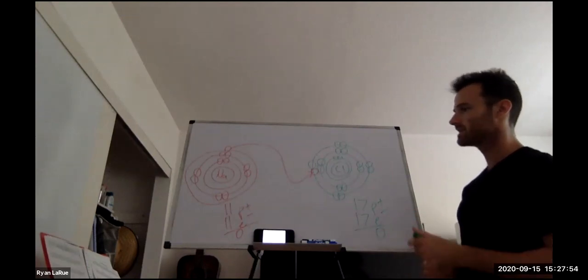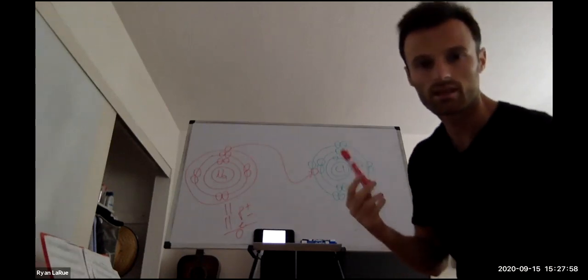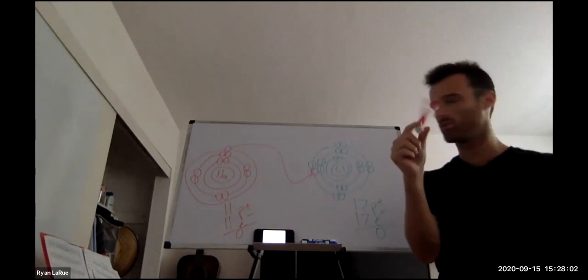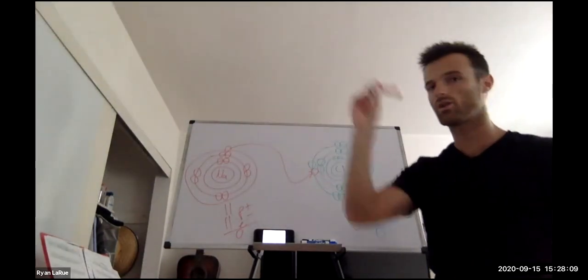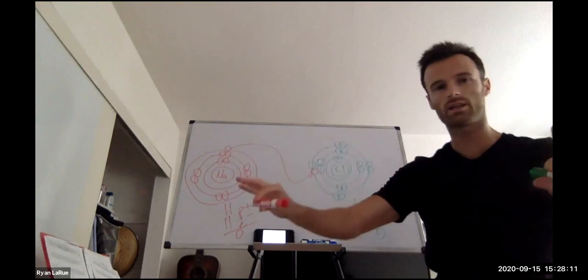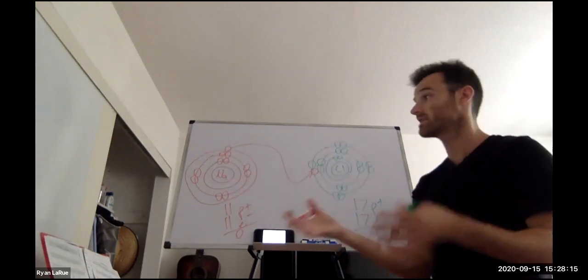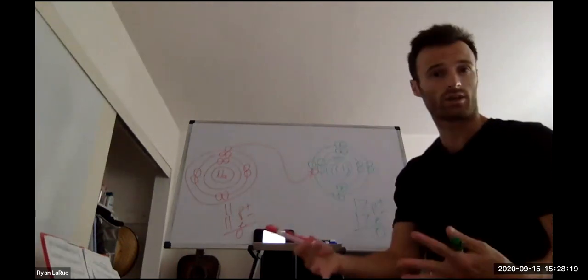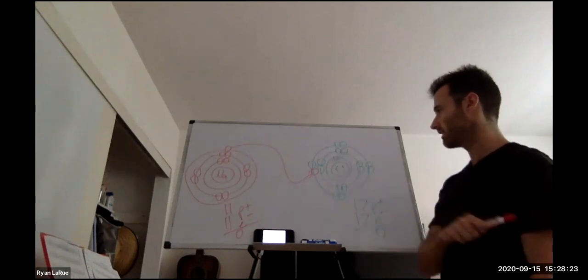I'm going to emphasize this again in a minute, but sodium is actually taking its electron, I'm just pretending it's this marker here, and giving it to chlorine entirely, as in transferring the electron. No sharing involved. You'll see why I'm emphasizing this when we talk about our next bond. Sodium is doing a complete transfer of this electron to chlorine.